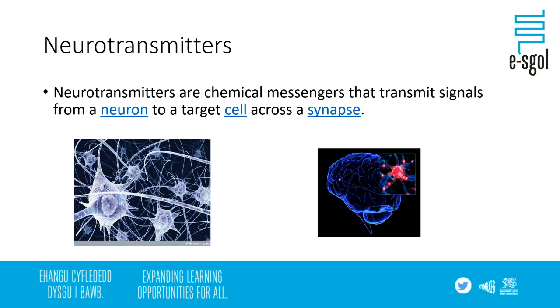So it says here, neurotransmitters are chemical messengers and they transmit signals from a neuron to a target cell across a synapse. Now, I'm hoping that that isn't new information for any of you, and this is something that should have been covered in AS as well. And we know that dopamine is the neurotransmitter that we really want to act on when we're treating schizophrenia.